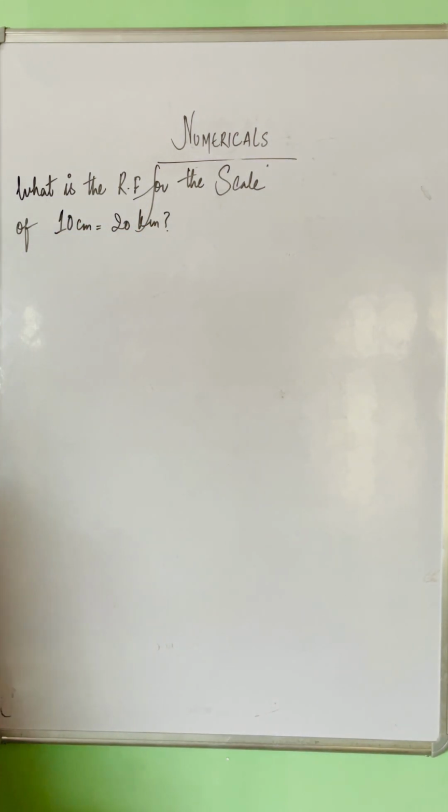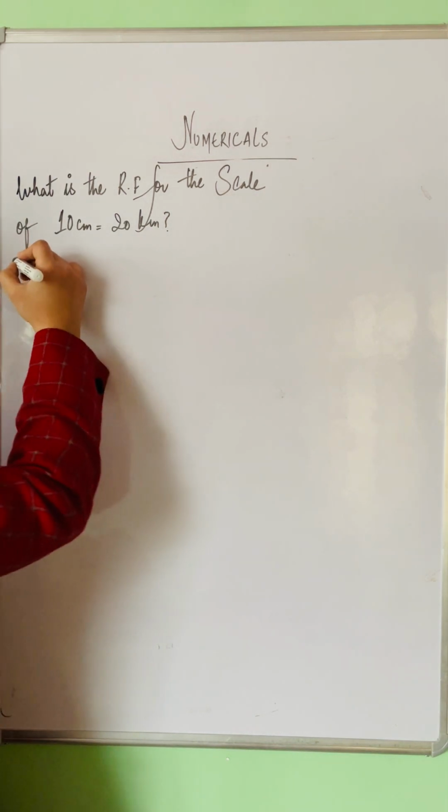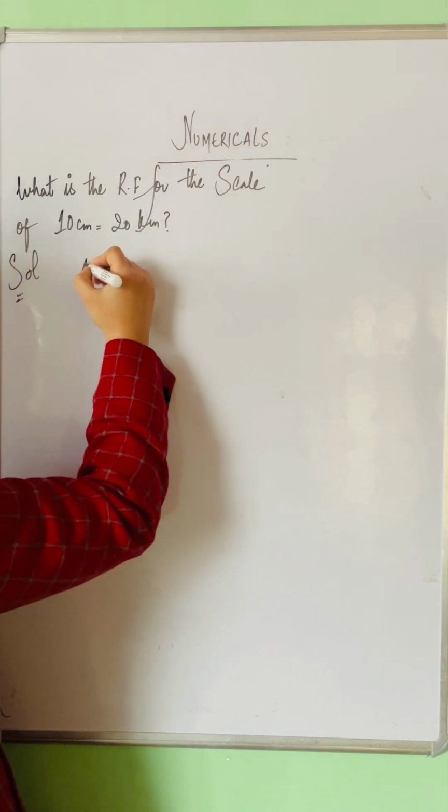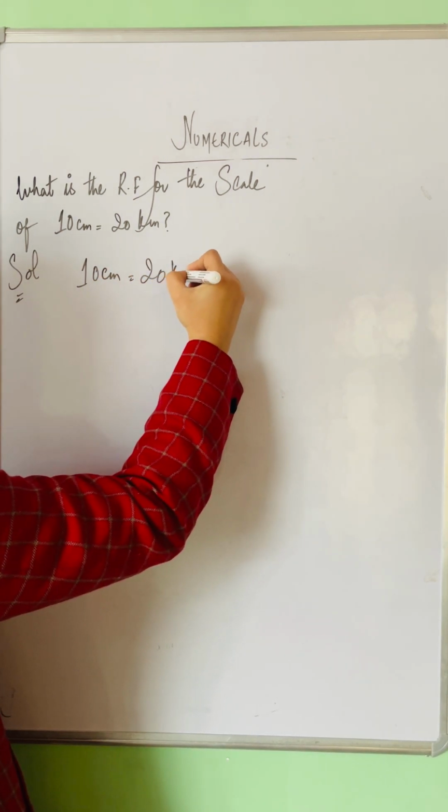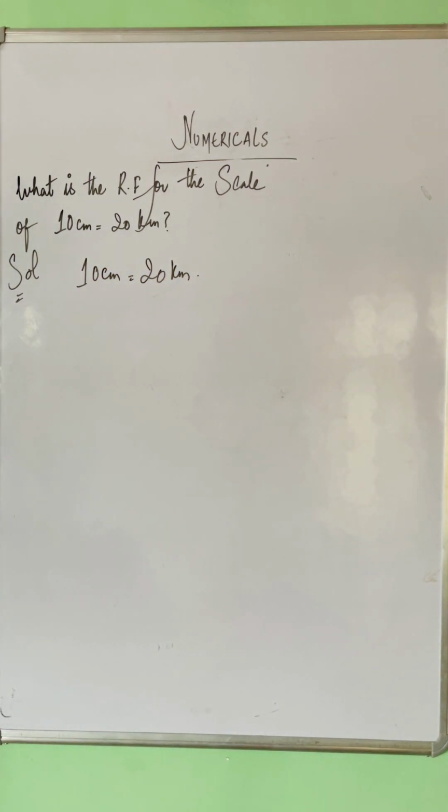We have to find the representative fraction for the scale wherein every 10 centimeters on the map is equivalent to 20 kilometers on the ground. So 10 centimeters is equivalent to 20 kilometers, right? This is the scale. We have to find the RF or the representative fraction.